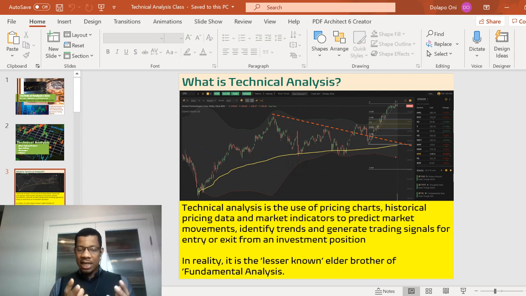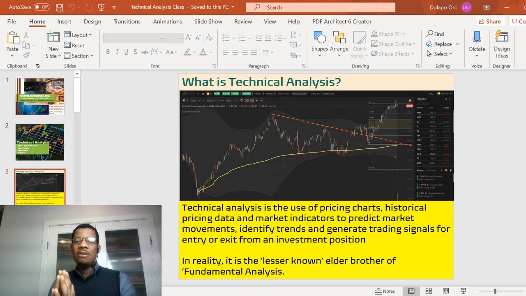Technical analysis, like I said, is the use of pricing charts, pricing data, and market indicators to predict market direction and market movement, identify trends in those charts, and then generate trading signals for entry and exit from that investment position. Fundamental analysis is different.